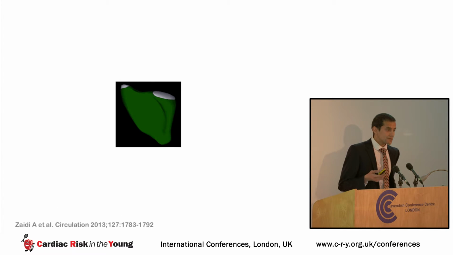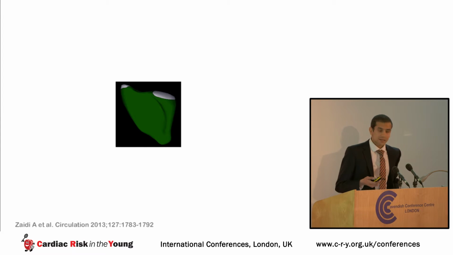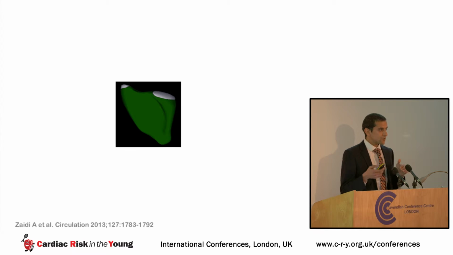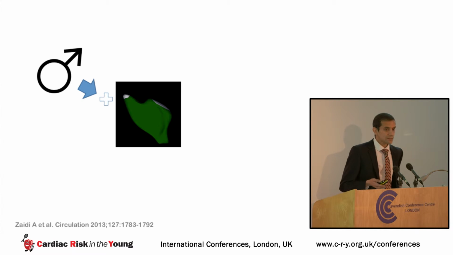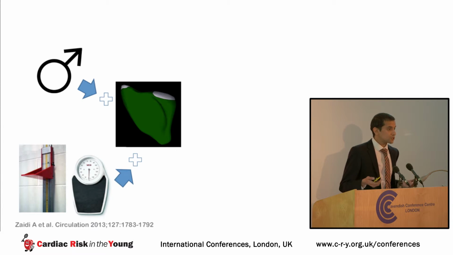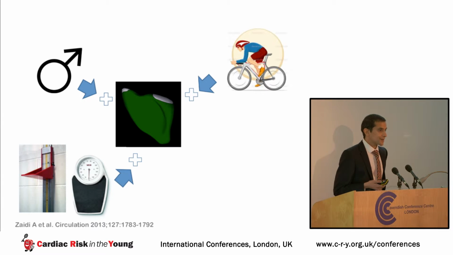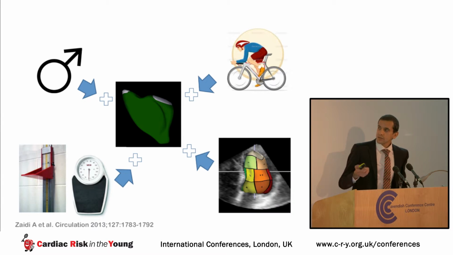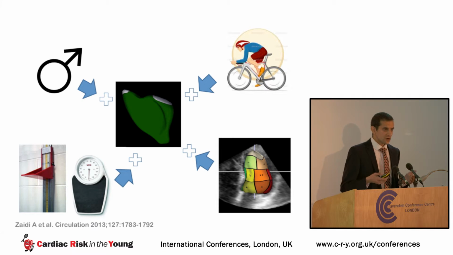I should mention demographics briefly, because we found consistently in our studies that the demographics are very important when you're making the call between physiological and pathological remodeling. So you should expect to find large right ventricles in athletes that are male, in athletes that are of large body size, those that compete in endurance sports such as cycling or rowing, and also those that have a large left ventricle, because as we said, in athletes you tend to get symmetrical dilatation of the heart.